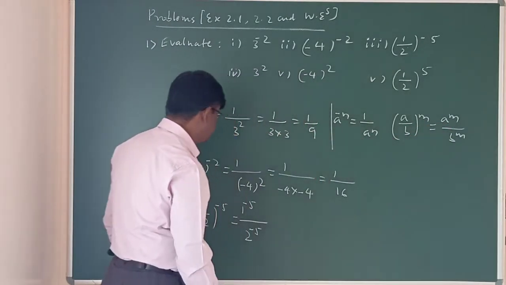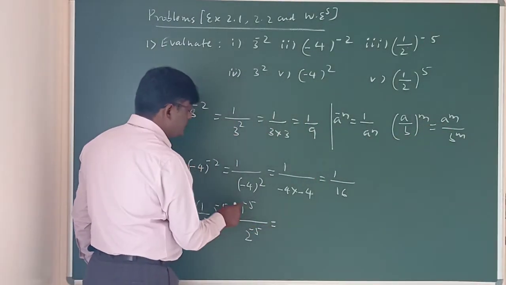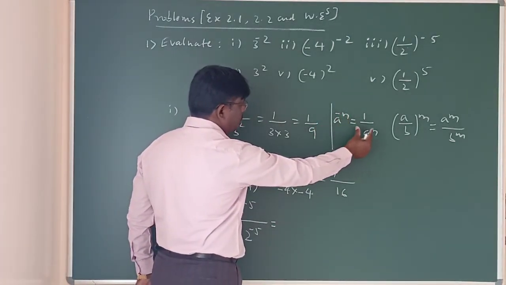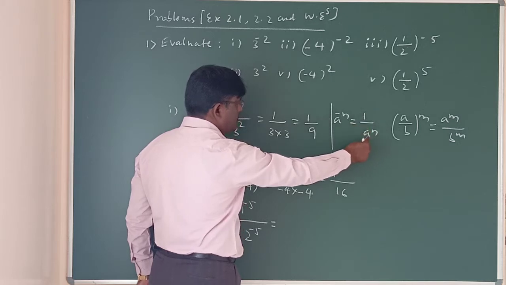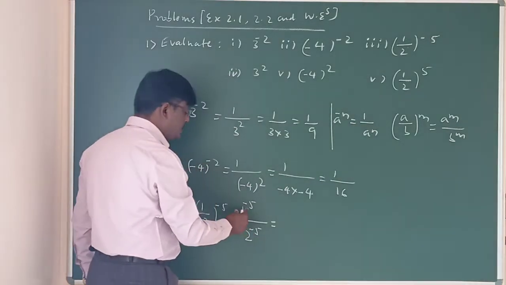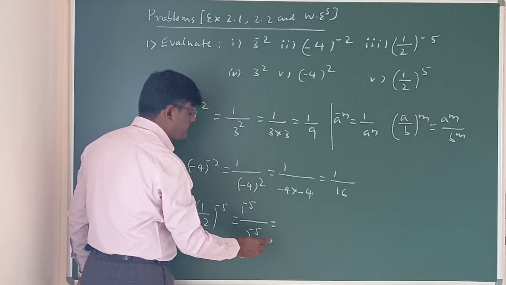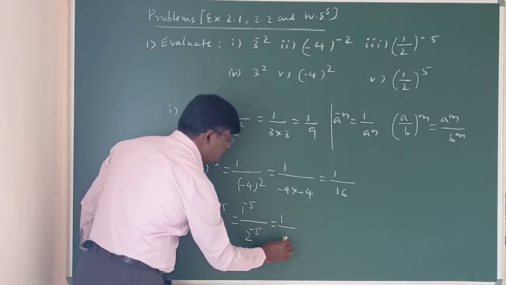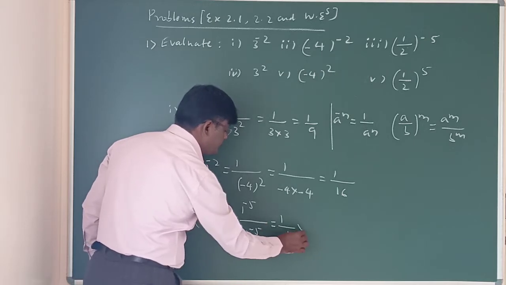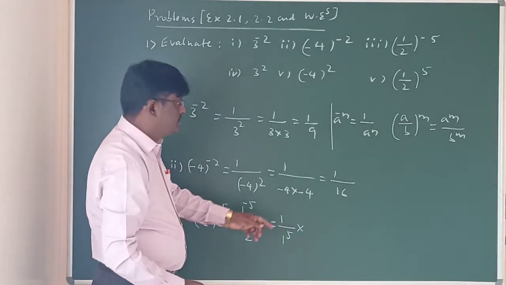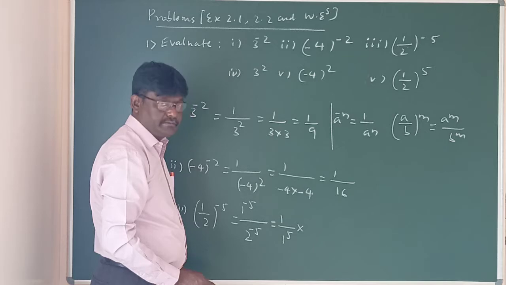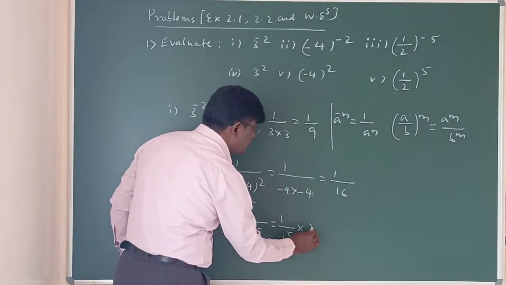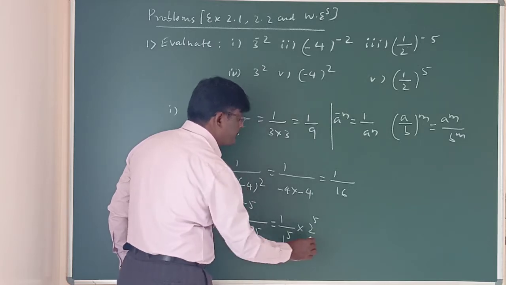Okay, next. If it is of this form, when this is sent to the denominator, it becomes 1 upon a power plus m. Now therefore, this 1 power minus 5 can be written as 1 by 1 power plus 5, into, then this 2 power minus 5, when this is sent to the denominator, becomes 2 power plus 5.